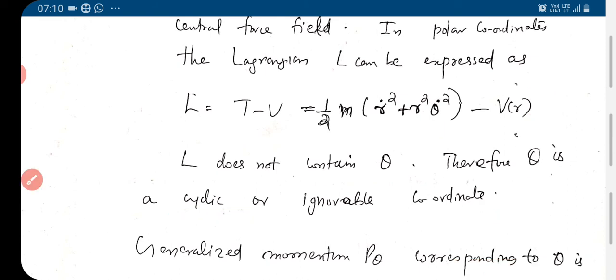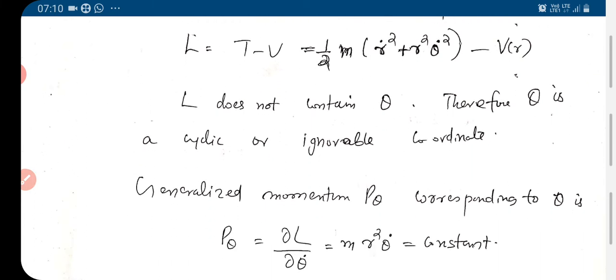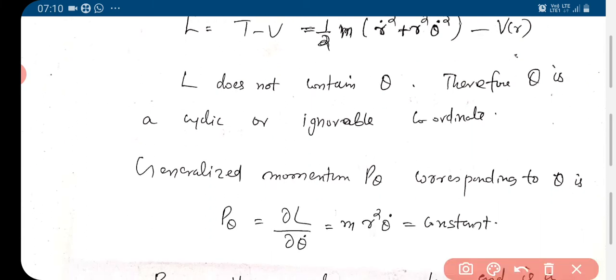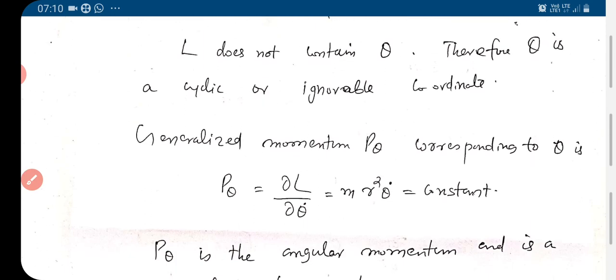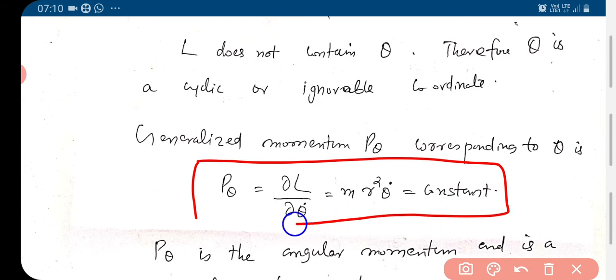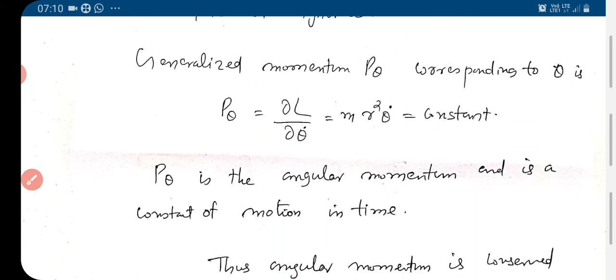The generalized momentum pθ corresponding to θ is given by ∂L/∂θ̇, which is equal to m r² θ̇, and that is a constant.